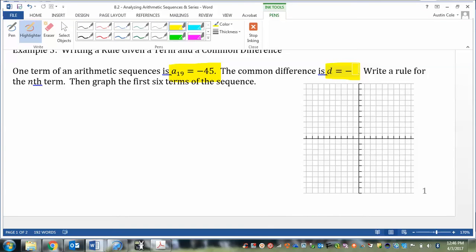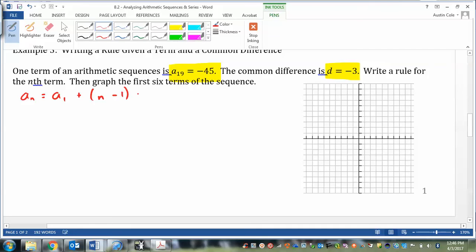Now, they gave us some different information, all right, but we're still going to go back to our equation or our formula. So we've got a sub n equals a sub 1 plus n minus 1 times the common difference d.